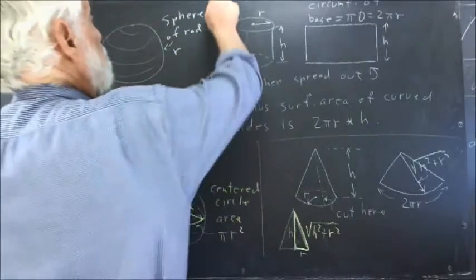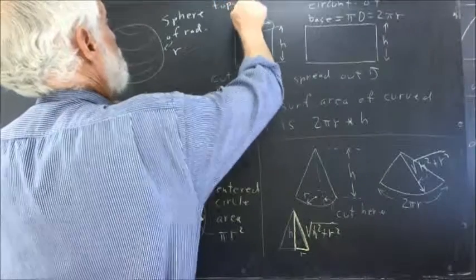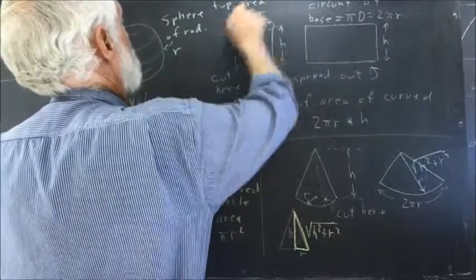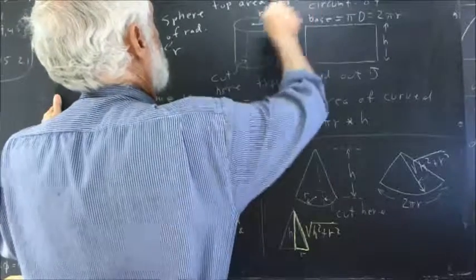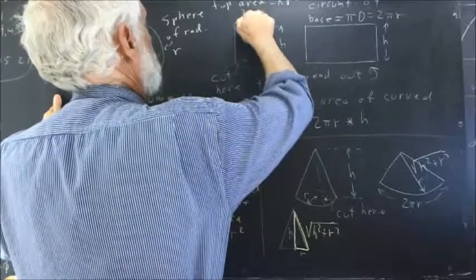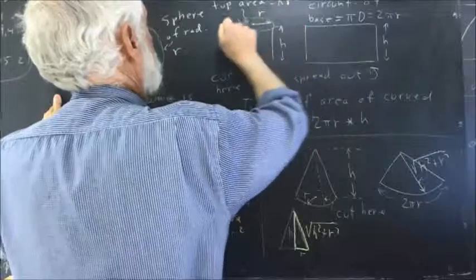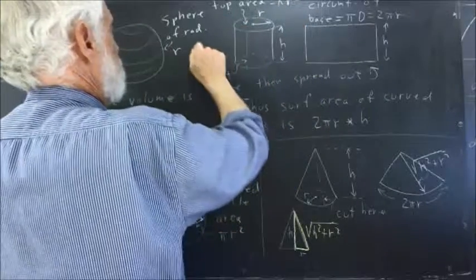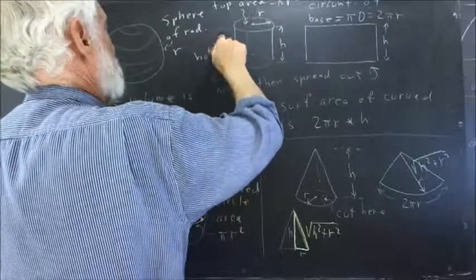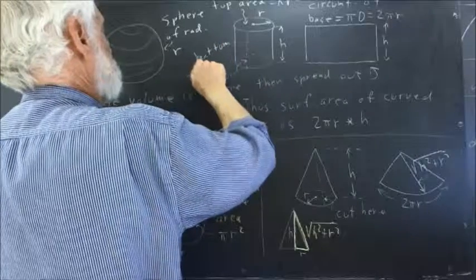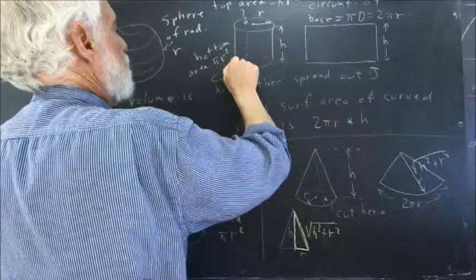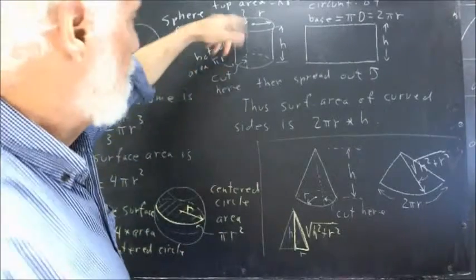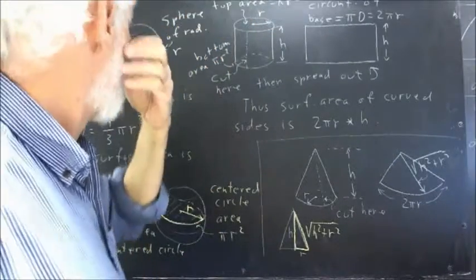Top area is pi r squared, and that equals the bottom area. What about the area of the sides?